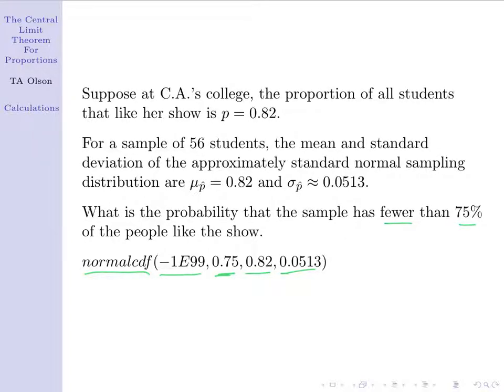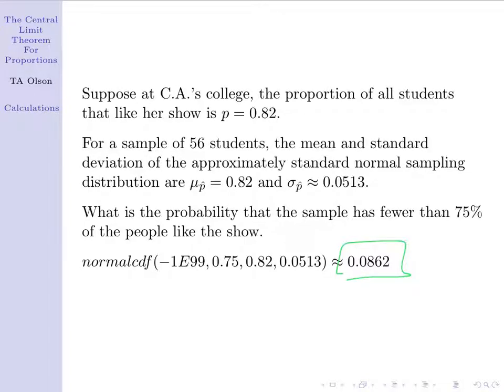And this calculation gives us a probability of 0.0862. So there's a little more than 8.5% chance that our sample will be 75% or less.